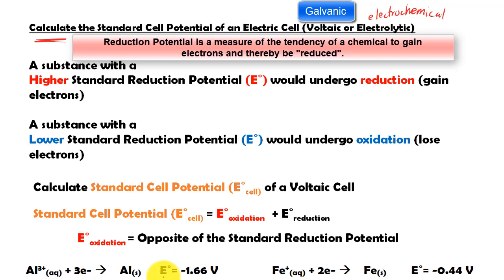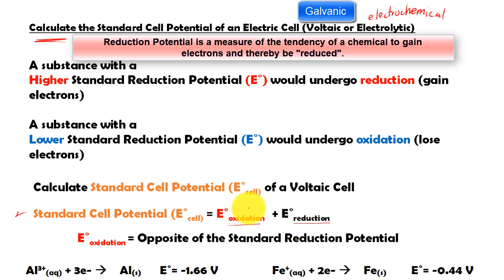Based on the values of the reduction potentials of the two half cells, you can apply the equation and solve for the standard cell potential. Now, what is that equation? That equation is right here. Standard cell potential, represented by E, is equal to the standard oxidation potential plus the standard reduction potential.